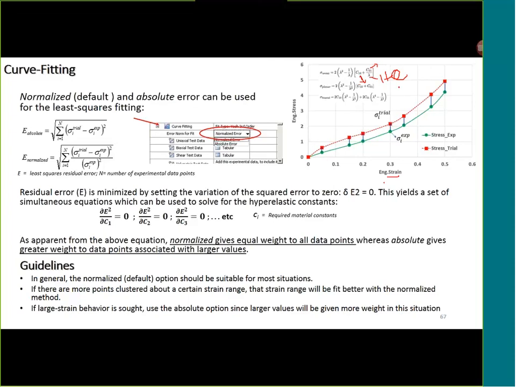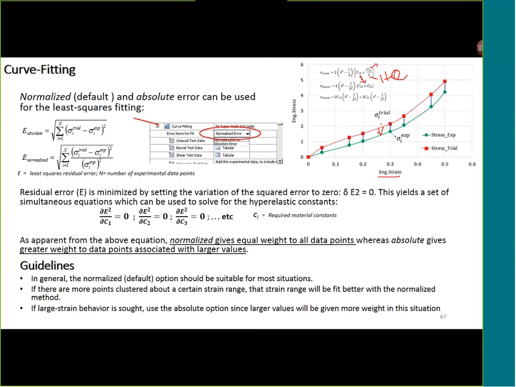The constructed stress strain curve in the first iteration may not match your experimental stress strain curve. So at every data point, we can calculate the error. By minimizing this error, we bring the trial curve close to the actual experimental stress strain curve.